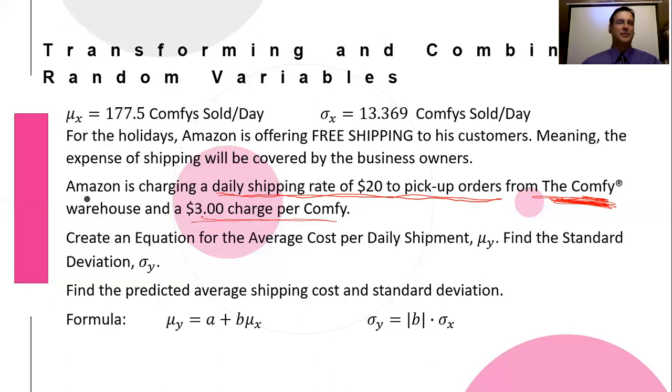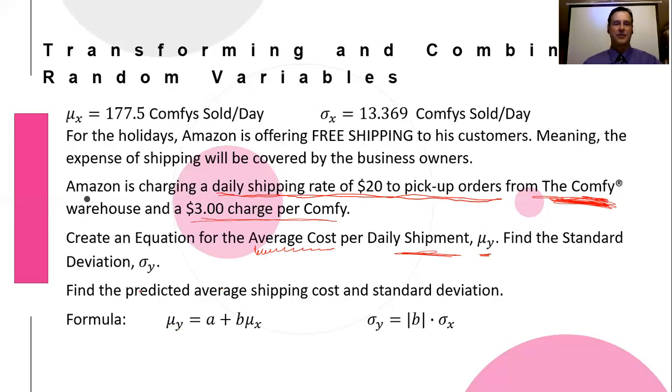Here's what I'm going to ask you to do. I'm going to ask you to create an equation for the average cost for the daily shipment, and we'll label that mu sub y. And then I'm also going to ask you to find the standard deviation for that average cost for all that shipping. Now, the formula that I'm giving you starts down here, and I've already defined mu sub y.